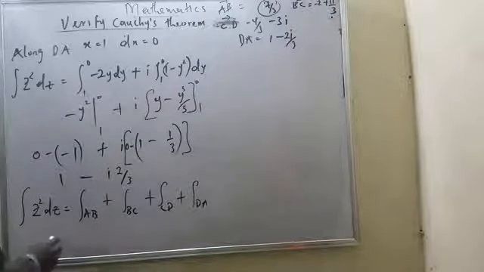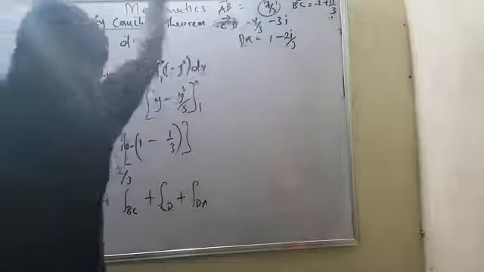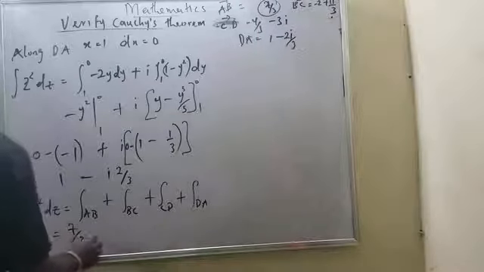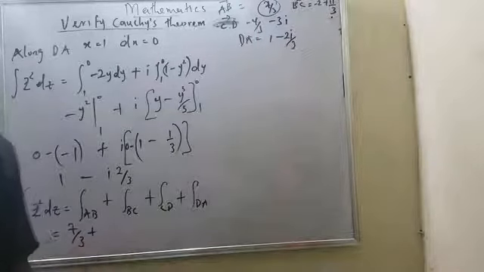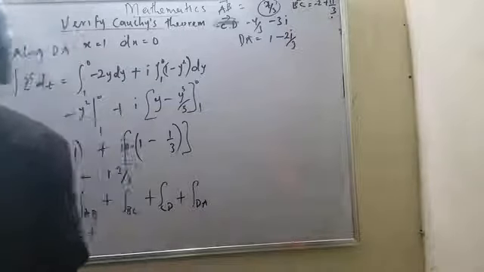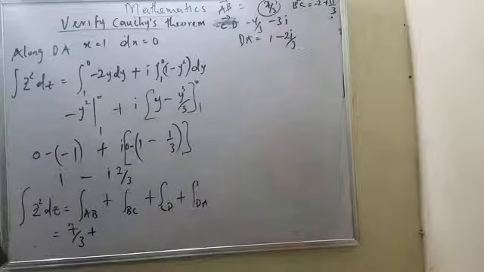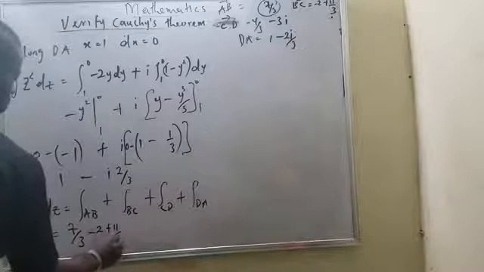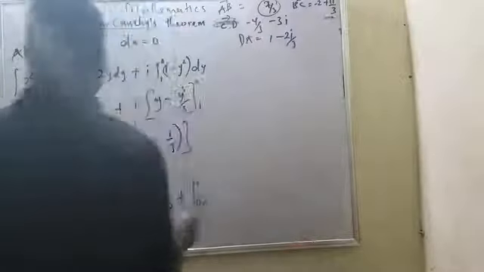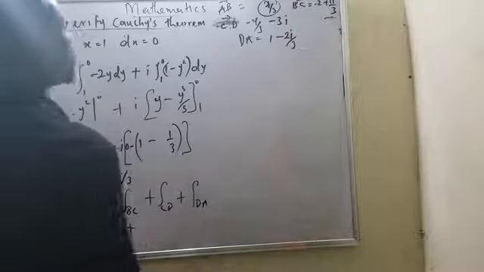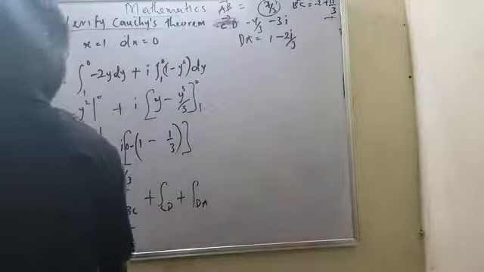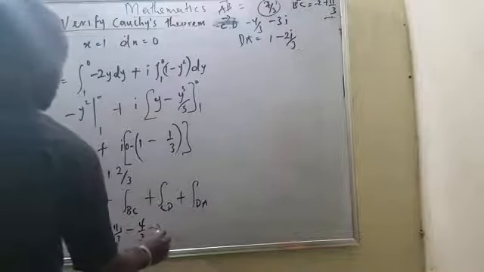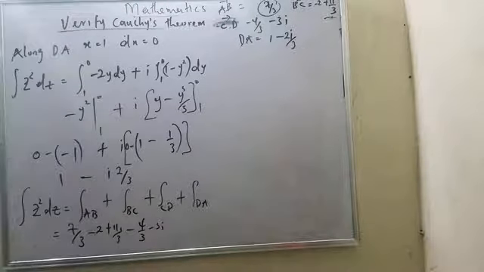The first one is 7 all by 3 plus 7 all by 3 plus, which is, I'll be having minus 2 plus 11 all by 3i, which is here. And also the third one will be plus, which is CD. It means here will be minus 4 all by 3 minus 3i.